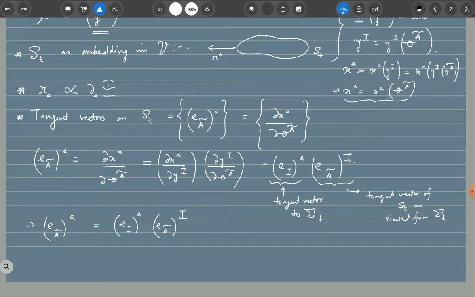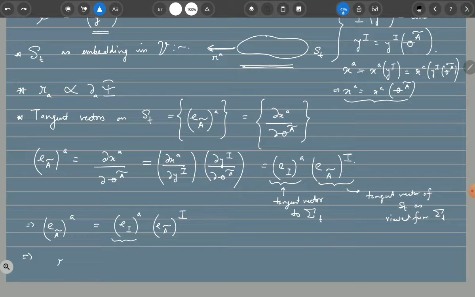So similarly, we can have this r^a, which is the unit normal to S_t, expanded in the basis vectors of Sigma_t.